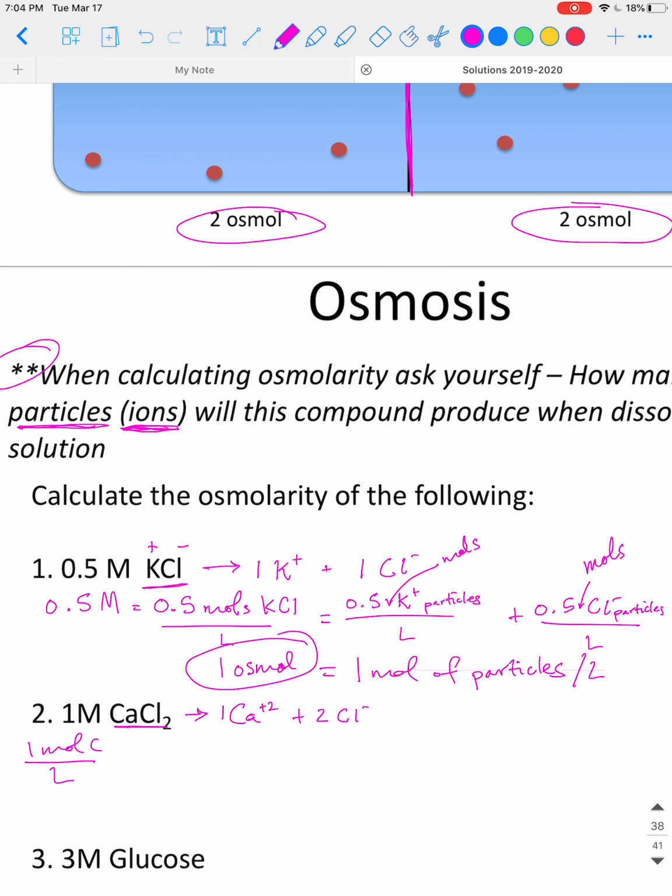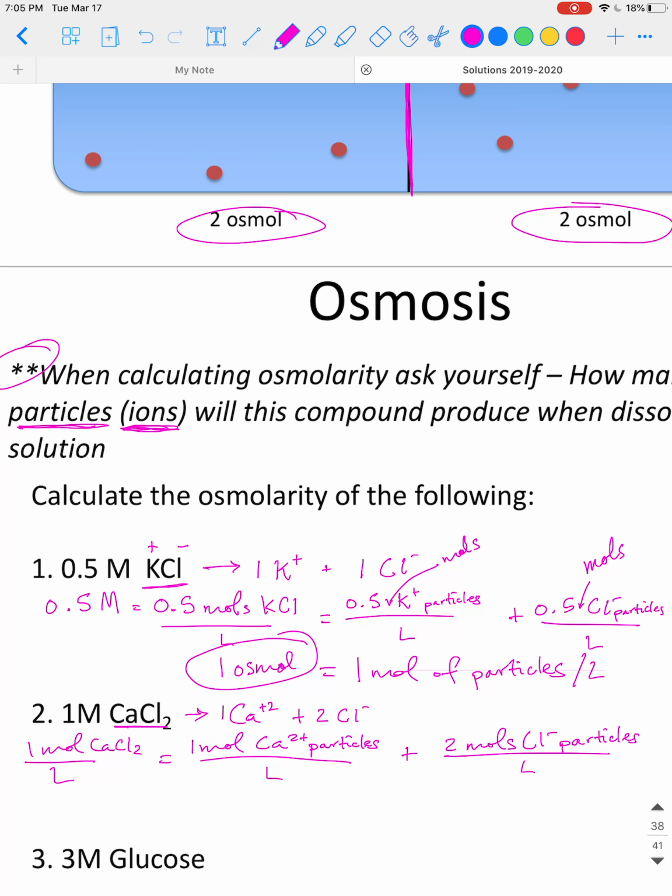So if we have 1 mole per liter of CaCl2, we are going to have 1 mole of Ca2 plus particles per liter. The volume hasn't changed. Plus, we're going to have 2 moles of Cl minus particles per liter.